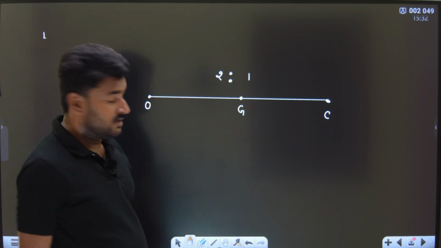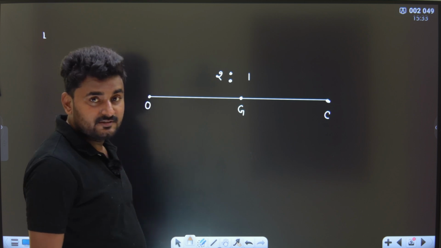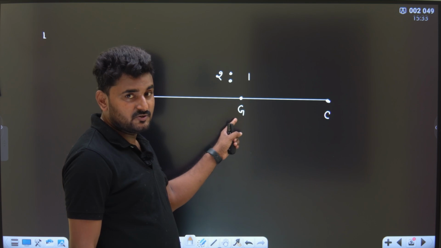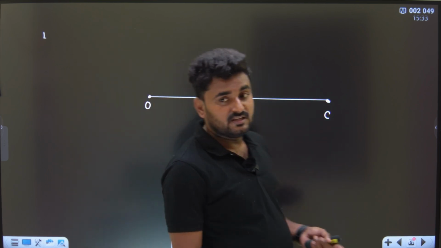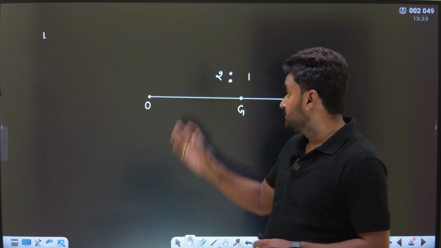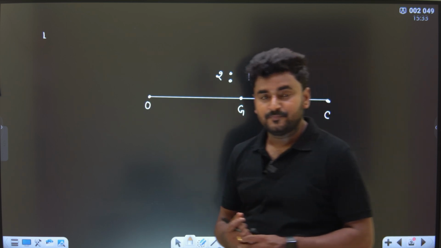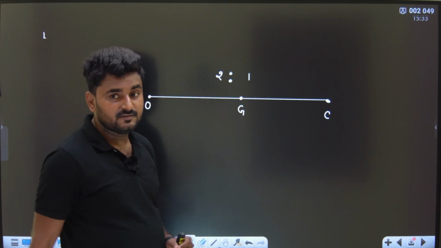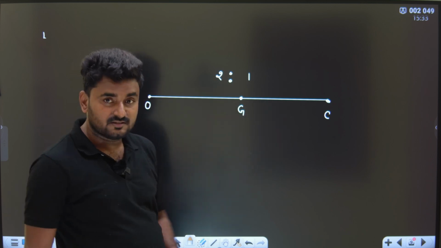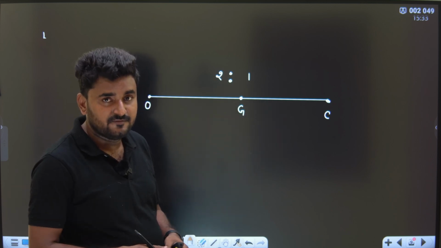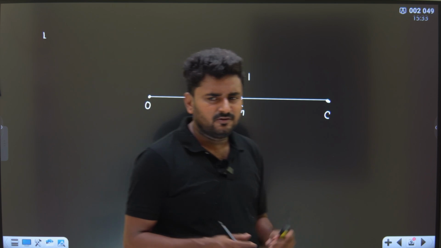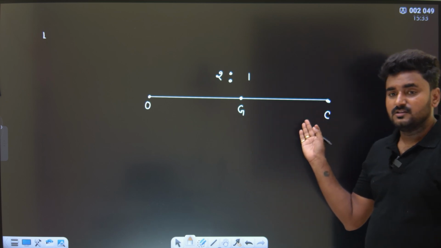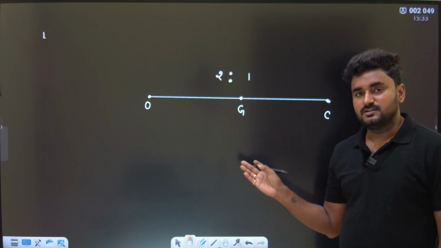Suppose they have given you the orthocenter and the circumcenter, then you can easily find the centroid, since it divides in the ratio of 2:1. Now suppose the centroid and orthocenter are given, and you have to find the circumcenter, then you can easily find that too. So if you have two of the points, then you can easily find the other center.